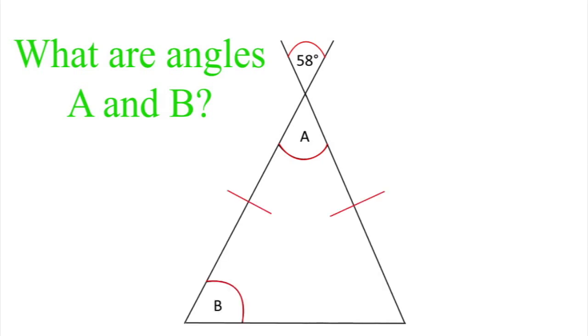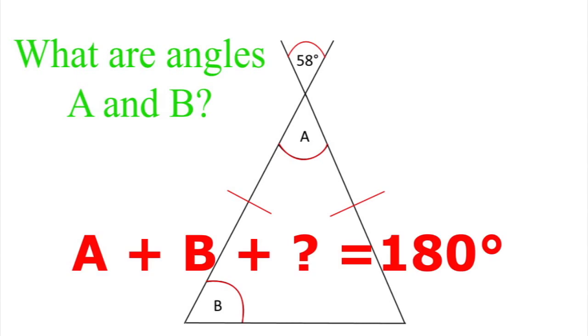We can use any of the other techniques for finding the other angle in the triangle. First of all, using the fact that all of the angles within the triangle add up to 180 degrees, we can now write this as A plus B plus the unmarked angle equals 180 degrees.